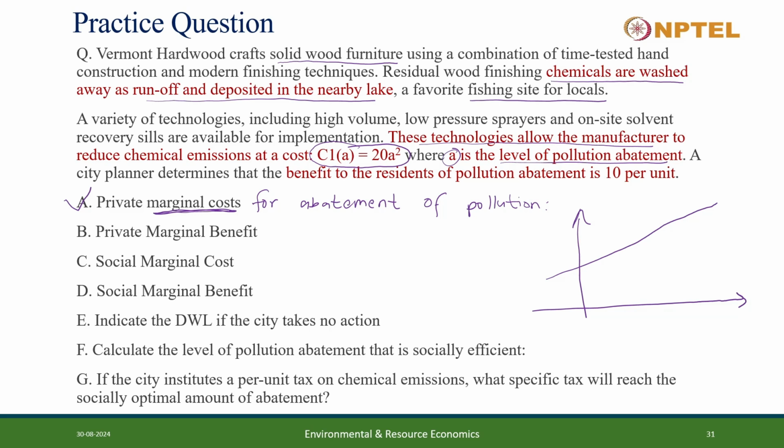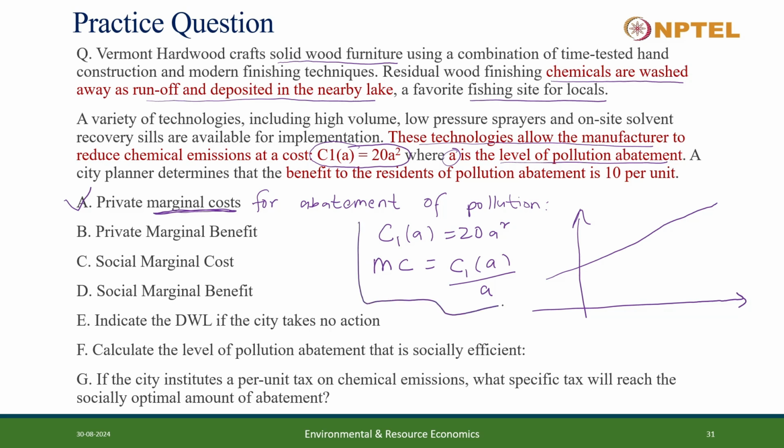But the cost equation is given, C1(A) equals 20A squared. This is the cost. Now, when you have to find the marginal cost, MC curve, you have to differentiate this C1(A) with respect to A. Now, what will be the value?